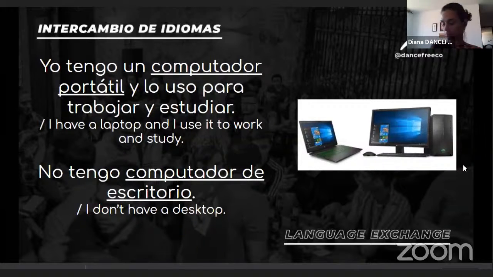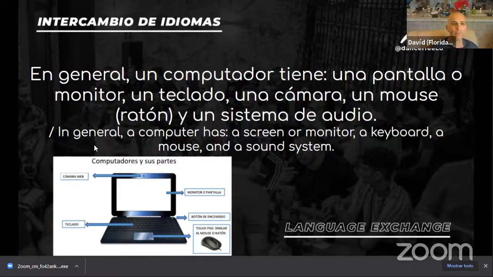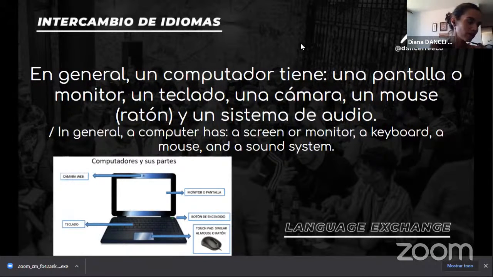Okay, so I have here en general. Can you say en general, mi computador? Yes. En general, un computador tiene una pantalla o monitor, un teclado, una cámara, un mouse.